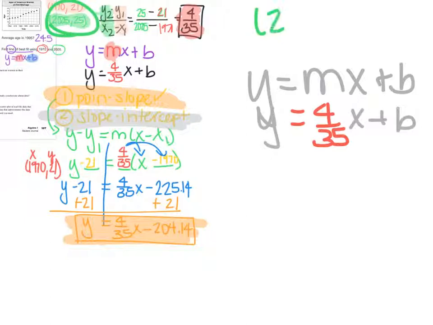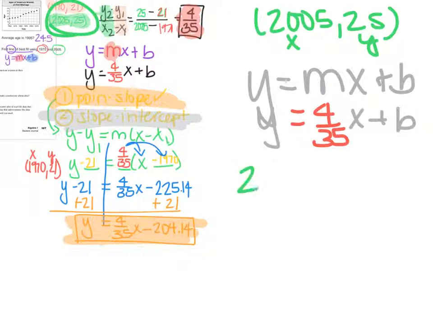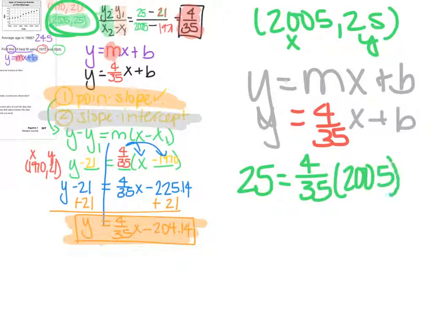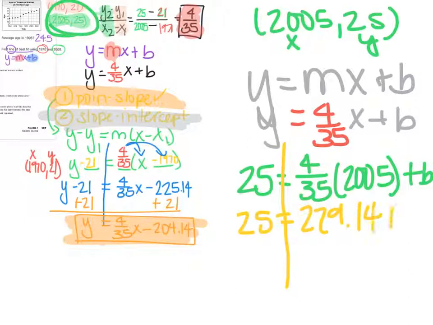And to rewrite it, 2005 and 25. Well, 2005 is x, 25 is y. So that means I'm going to replace y with 25, and then equals 4 over 35 times 2005 plus b. And then I need to solve this. So on the right-hand side, I need to go ahead and multiply 4 over 35 times 2005, which is 229.14 plus b.